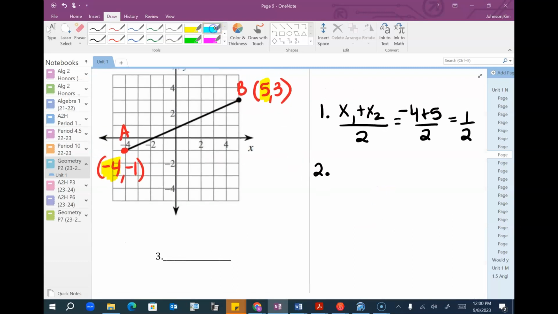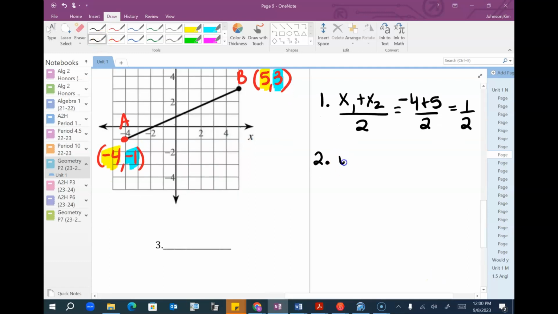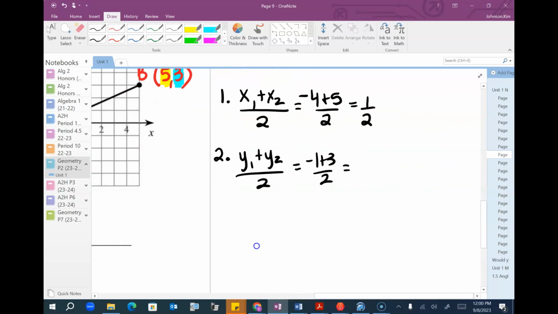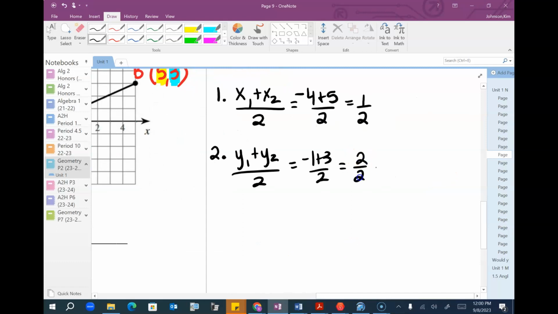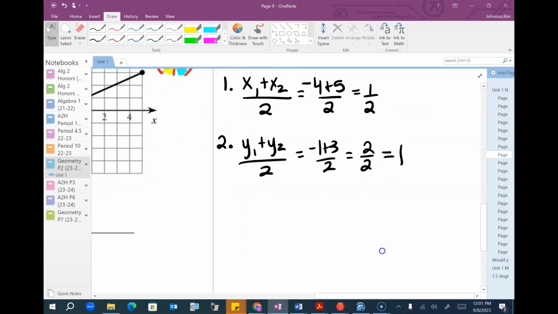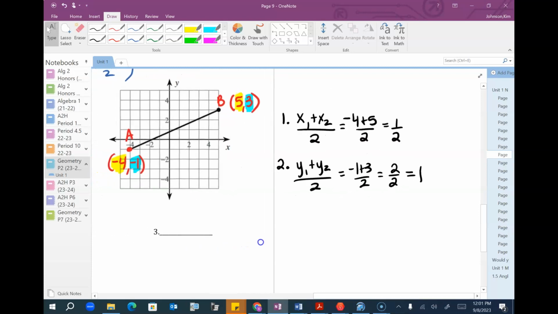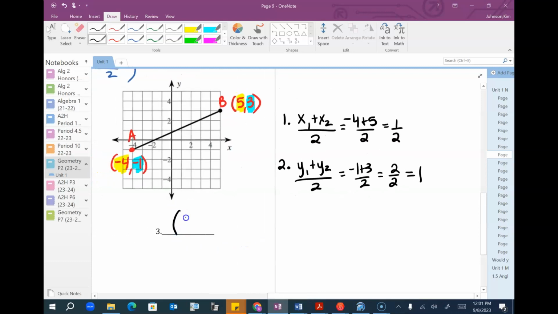The average for the y's we get by adding -1 plus 3. So that's y1 plus y2 divided by 2. And -1 plus 3 is 2. 2 divided by 2 is 1. So our midpoint for segment AB is 1/2, 1.